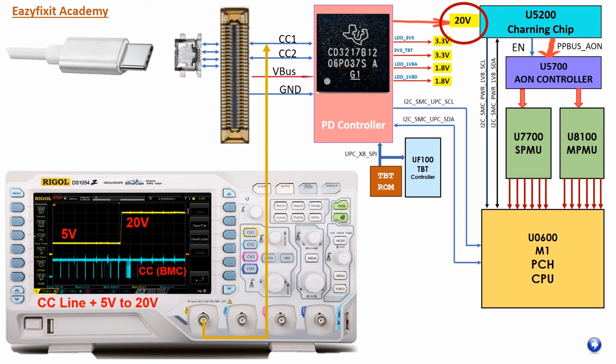You can see the CC line and the 5 volts to 20 volts. You can see the bunch of code that decides it has to switch from 5 volts to 20 volts. And that was the Type-C. After that, your device will start turning on.